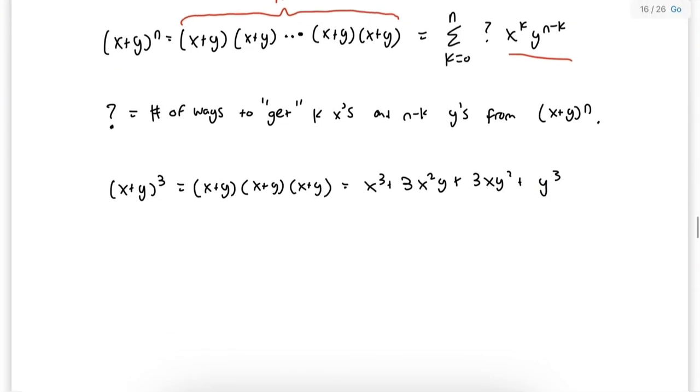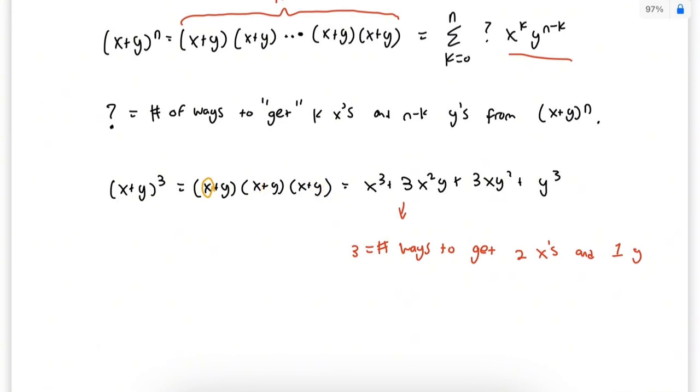So this 3, I'm claiming here that 3 is the number of ways to get 2 x's and 1 y. Okay. Well, how can we do that? We can get 2 x's by choosing these two and choosing this one, right? That gives us 2 x's and 1 y. That's one way to do it.